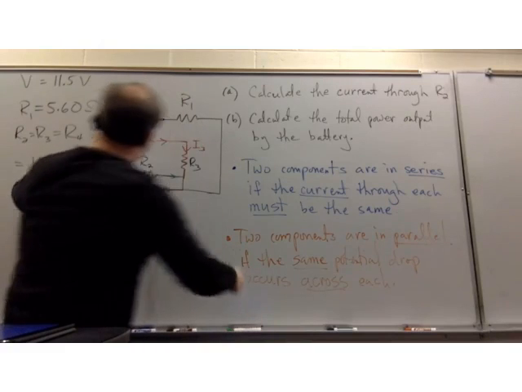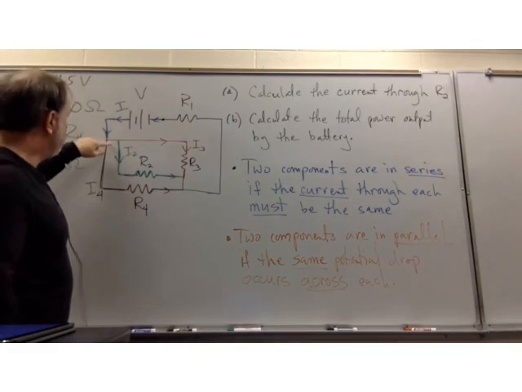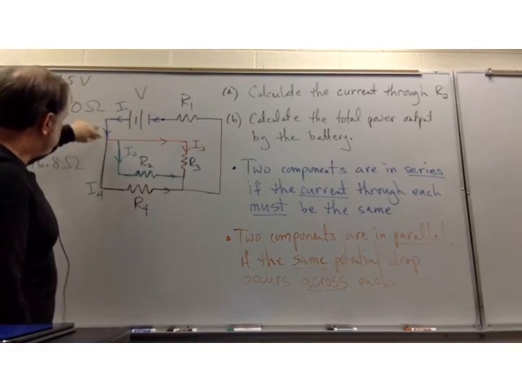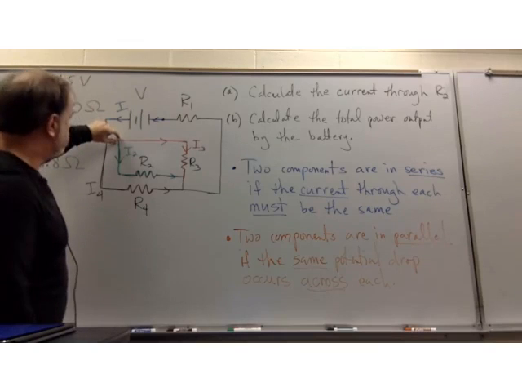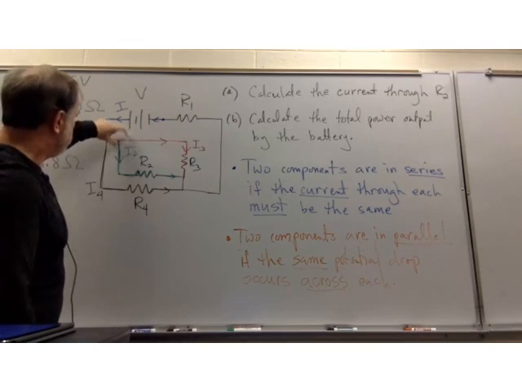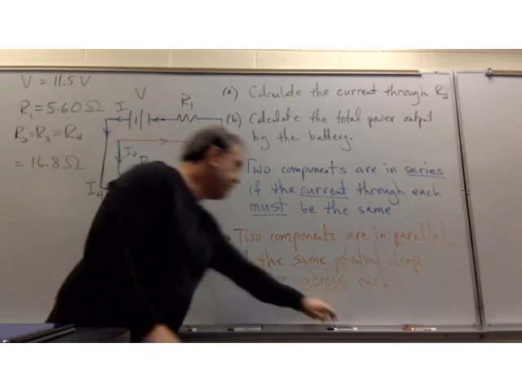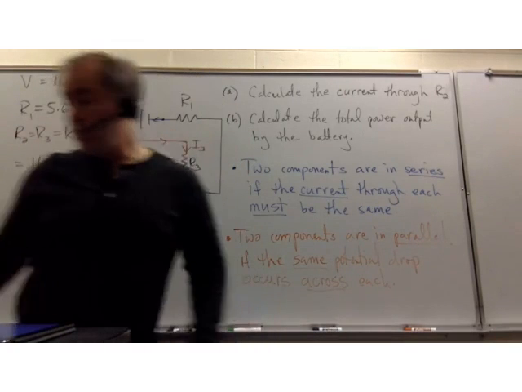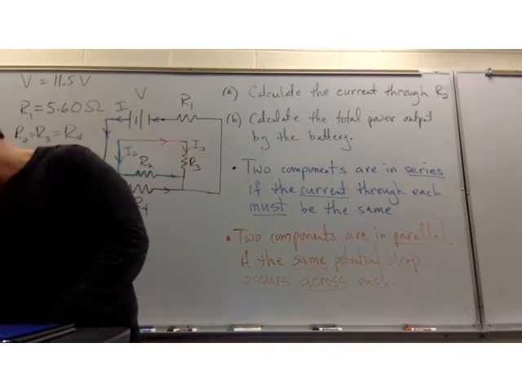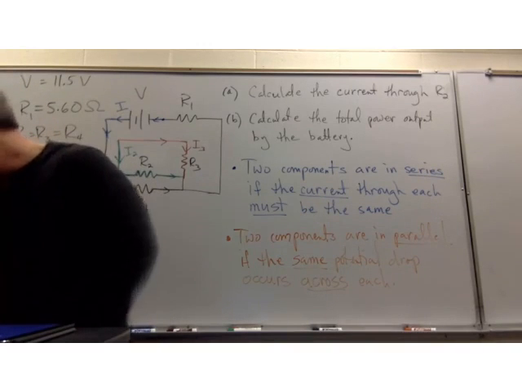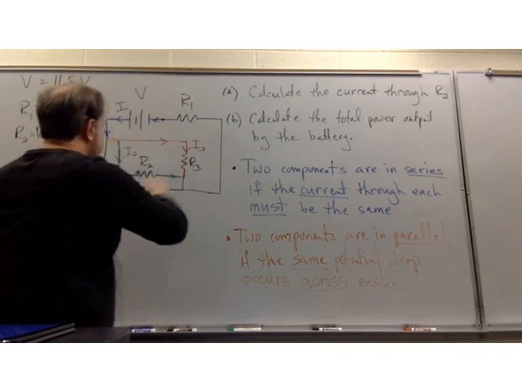Now, I'm playing a little bit fast and loose here because the current splits here, and then this current really here should split into two subcurrents, and I suppose I probably should color this a different color. So I have orange. Maybe the orange will work. So there's a current there.